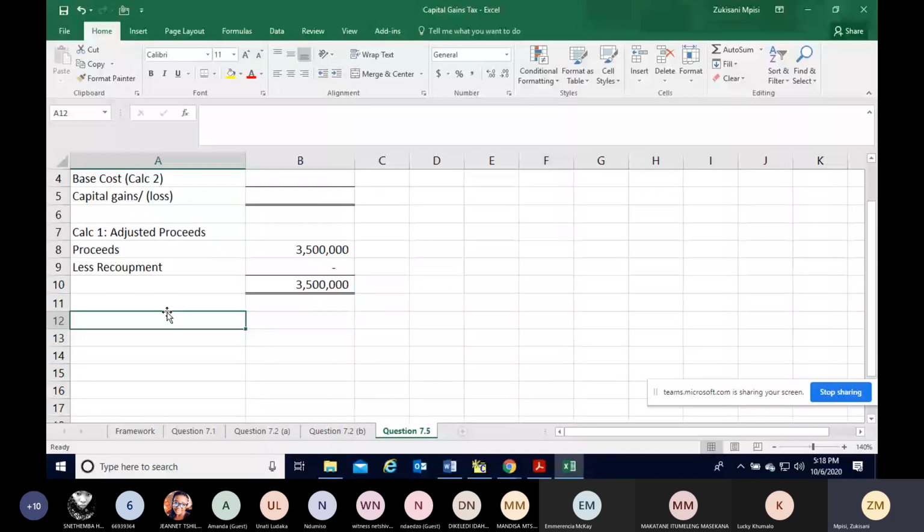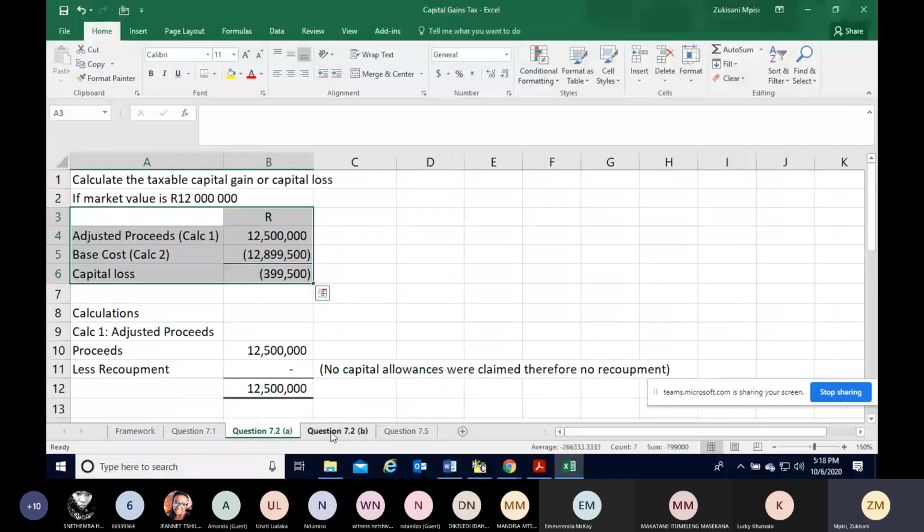Base cost, this is calculation 2, is to calculate base cost. In order to calculate base cost, we need to calculate the cost, and the costs are before and after year end.